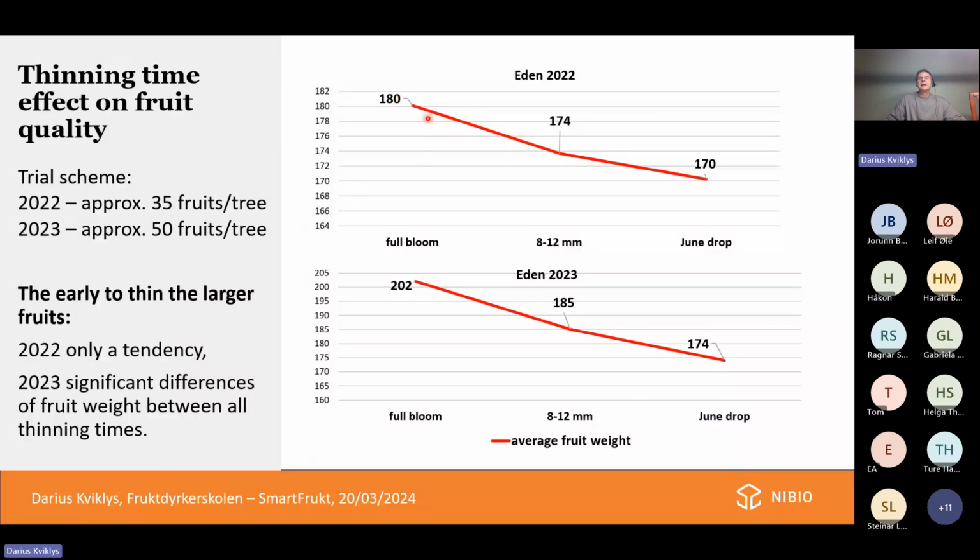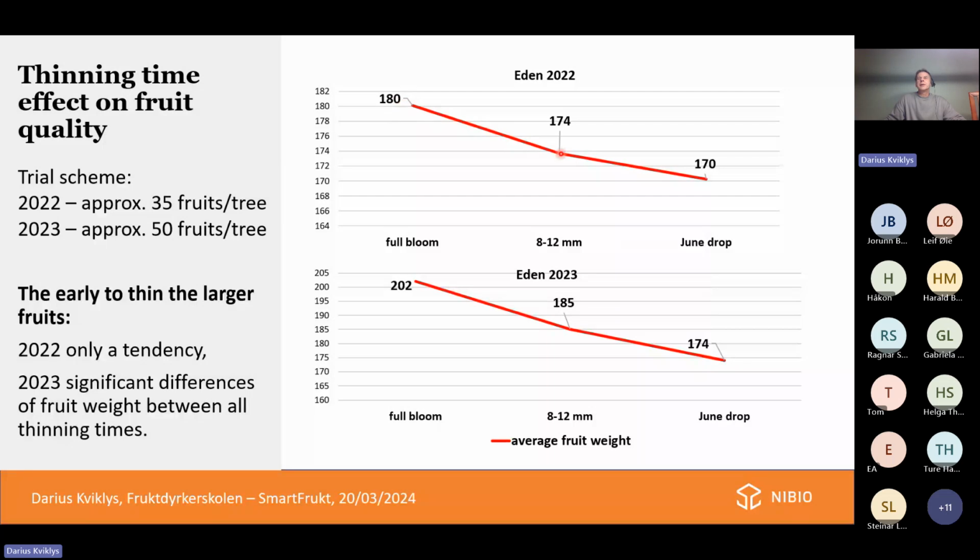In both years, the fruit size was decreasing when we thin later. In 22, it was not a very favorable year to grow large fruits. At the first thinning time, we reached only the highest fruit weight of 180 grams, when in 23 we reached 220.